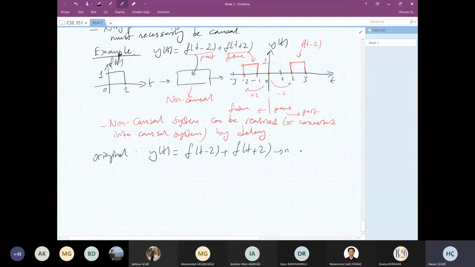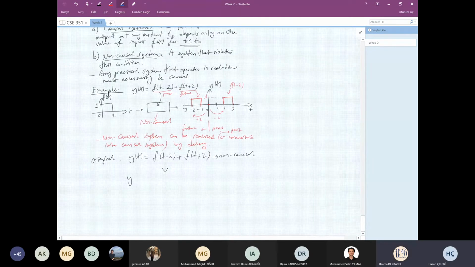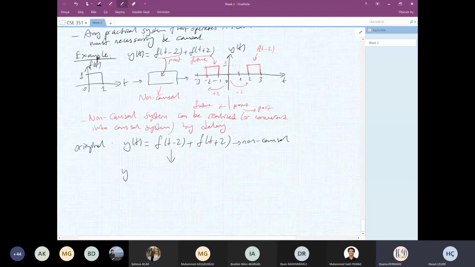That was non-causal. Now I need to convert this into a causal system using the delay or shifter. Maybe we can just put the entire system into another minus 2. Would that work?